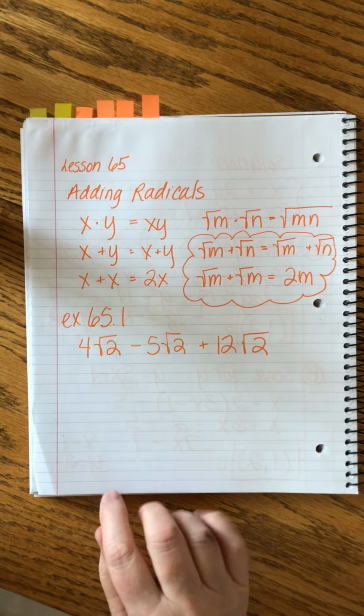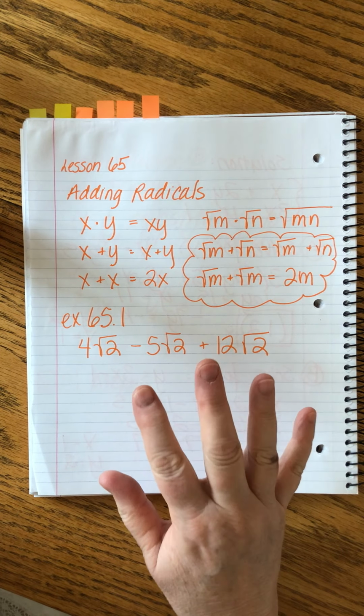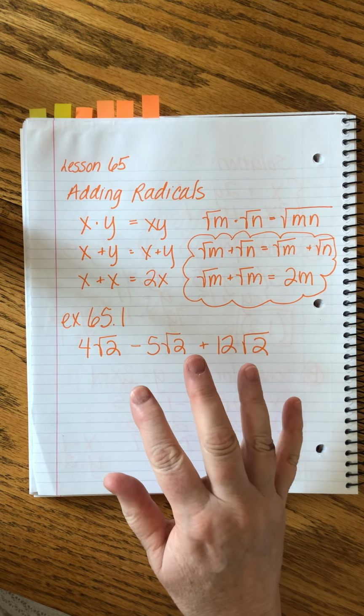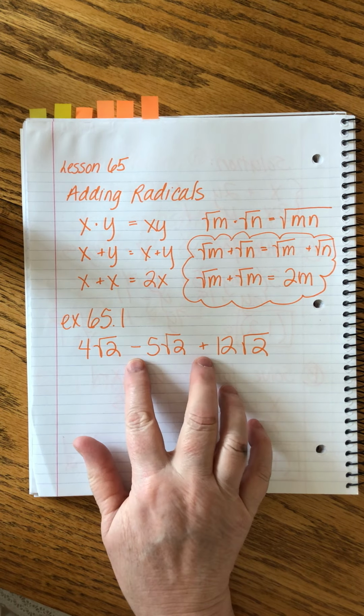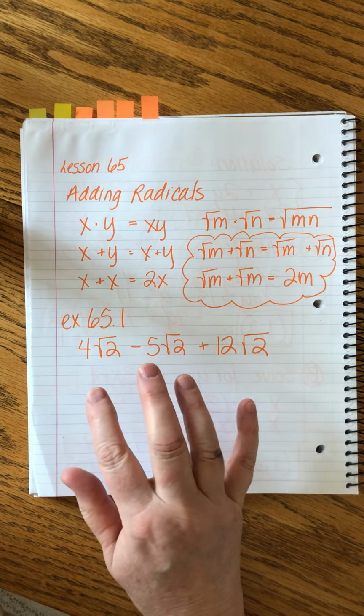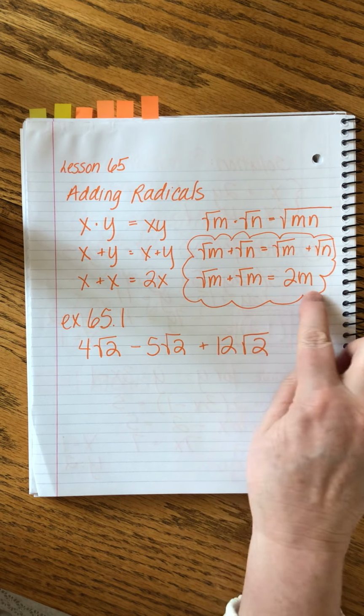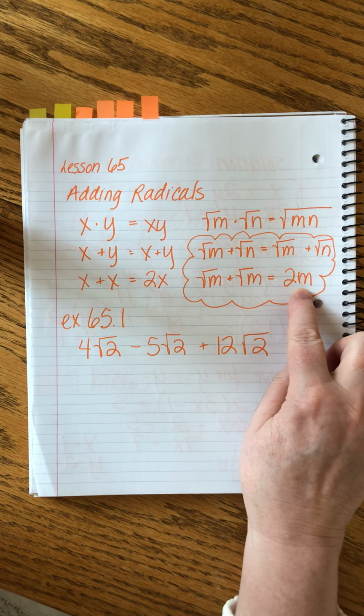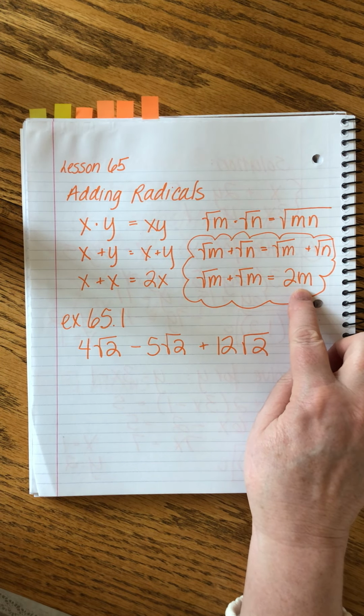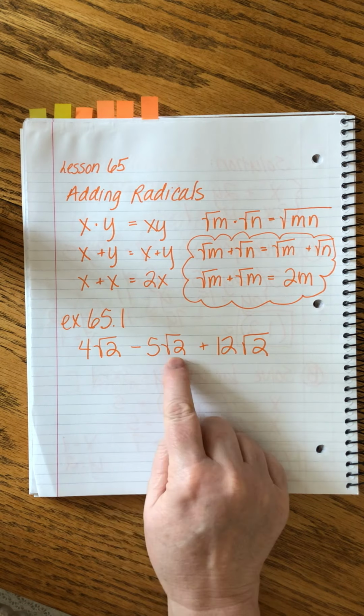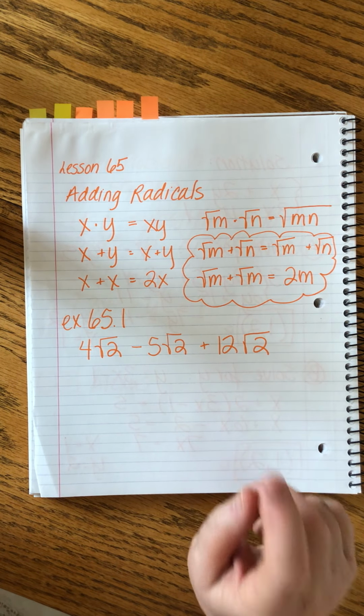So we look at this problem, we see pig houses, so we immediately think, okay, in order to add or subtract, the pigs have to match. We can only add them or subtract them if they have matching pigs. Square root of 2, square root of 2, square root of 2. Fabulous.